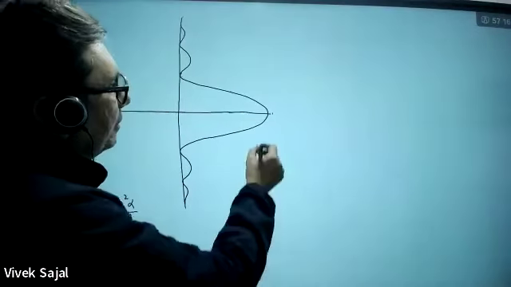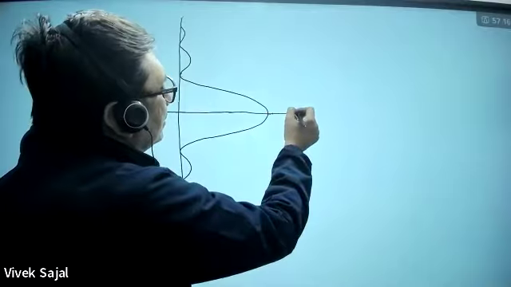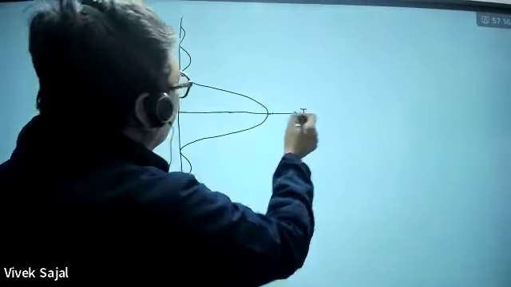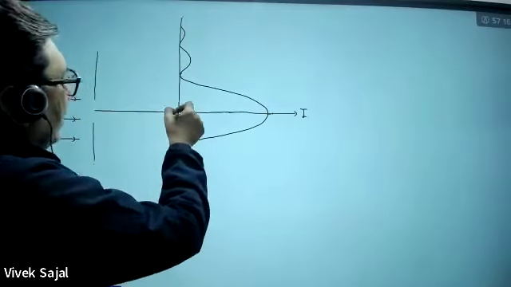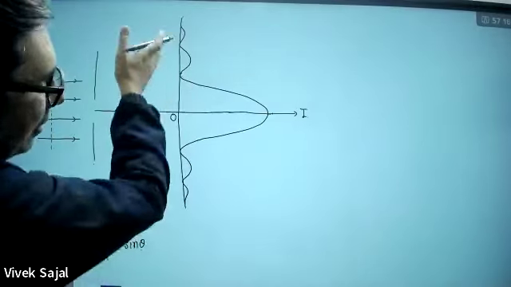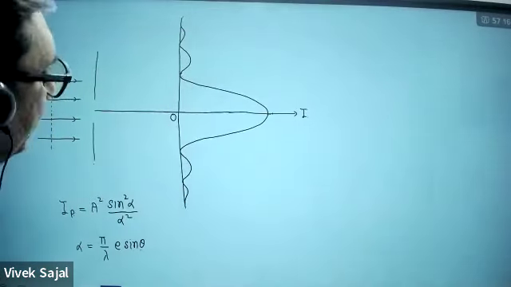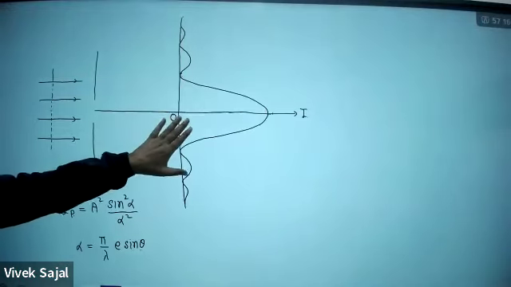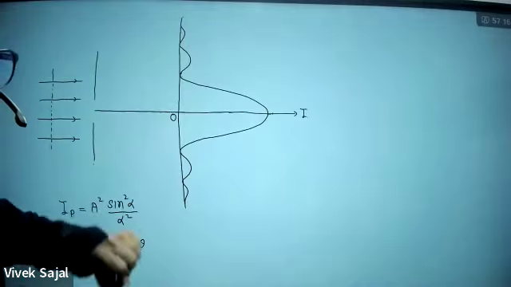This will be I, this will be 0. And here, corresponding to theta, you are getting different intensity points. So this type of pattern you are going to get in single slit diffraction pattern.